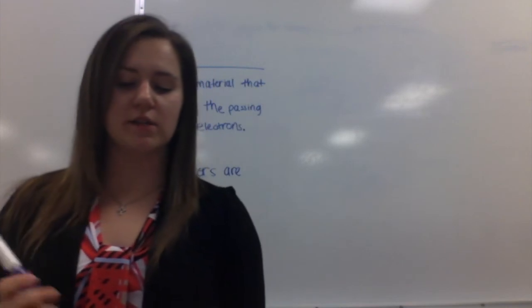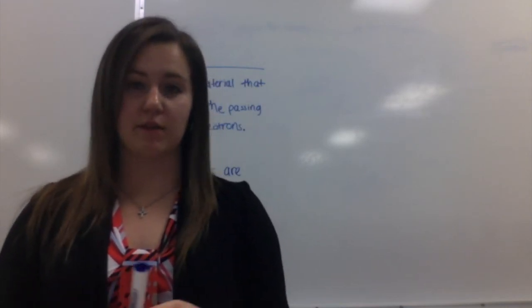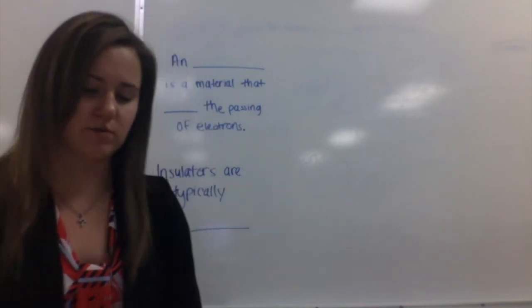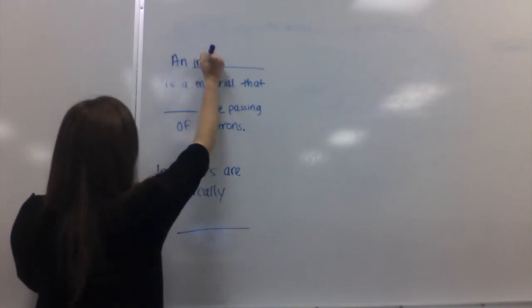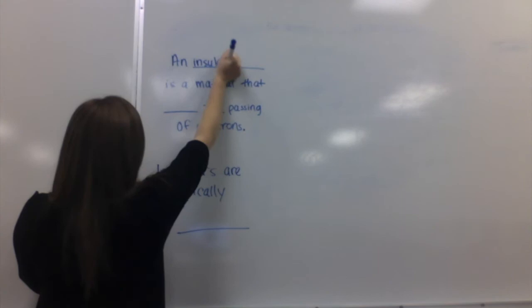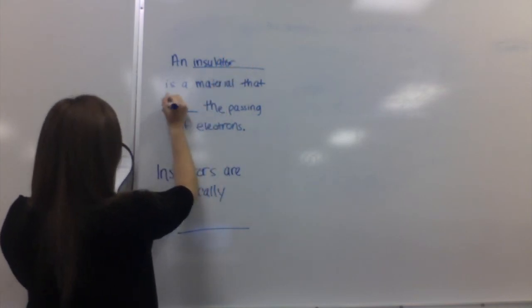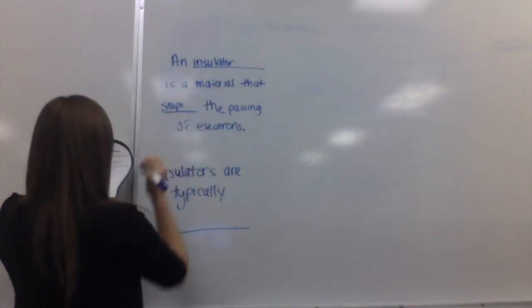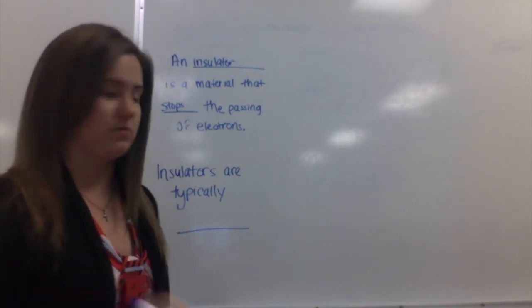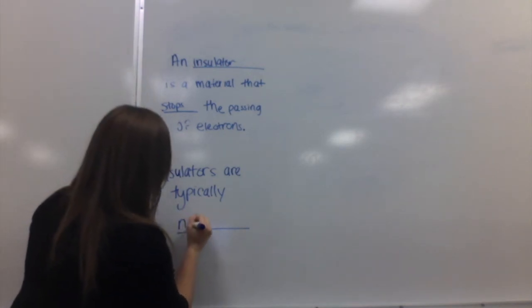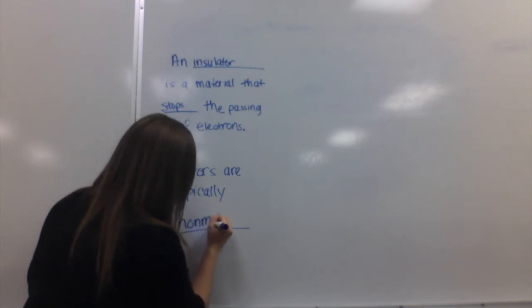So an insulator is a material that stops the passing of electrons. So go ahead and fill that in your notes. Insulators are typically non-metals.